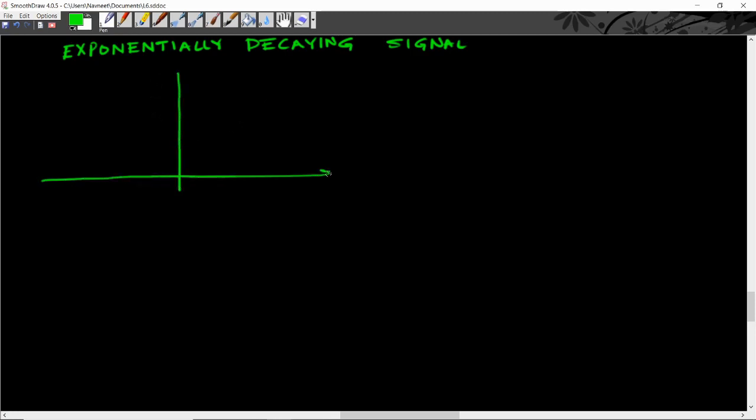Now, let's look at the Fourier transform of an exponentially decaying signal shown in this curve.